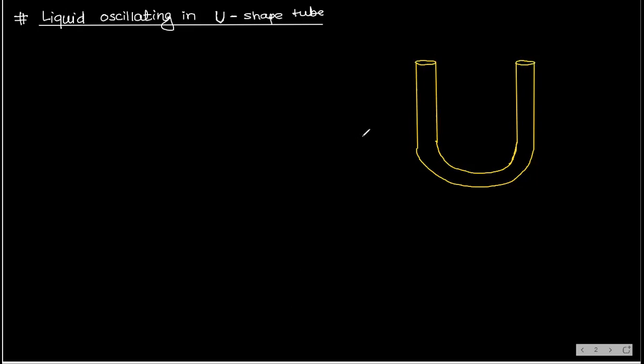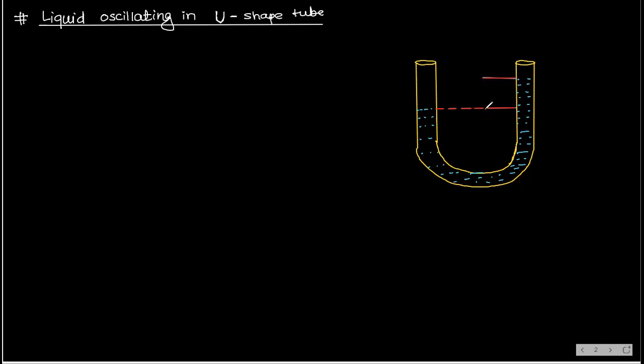And now in this, liquid is there. These dotted lines are there.